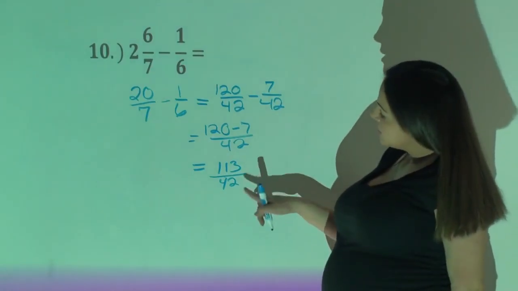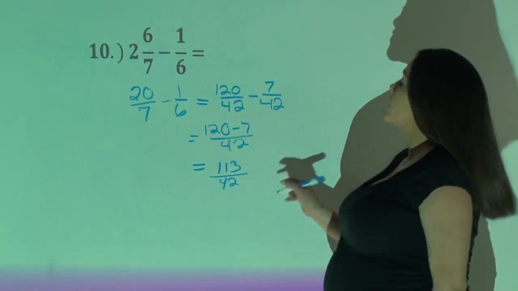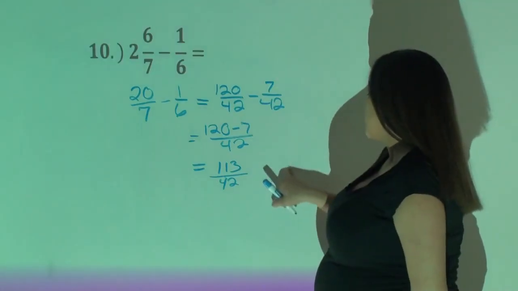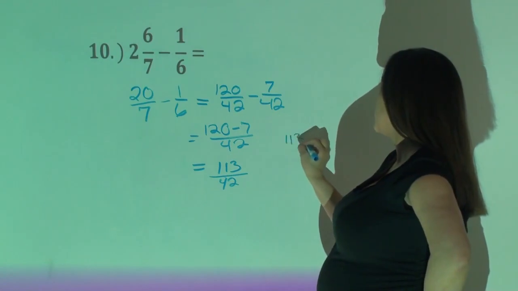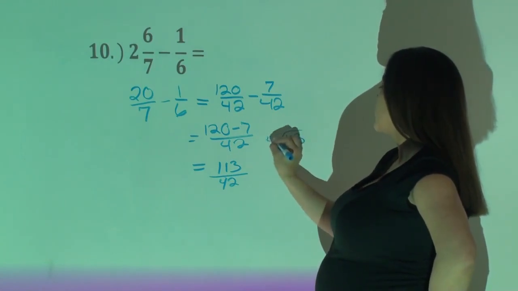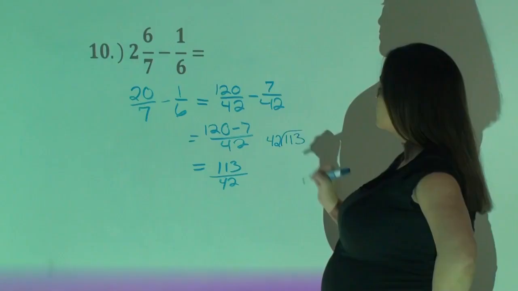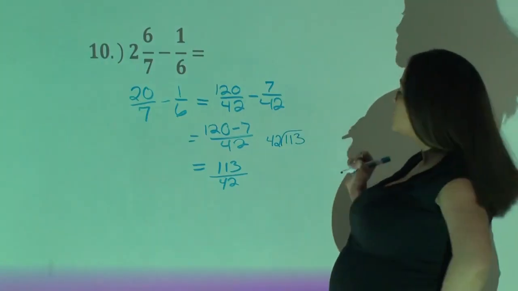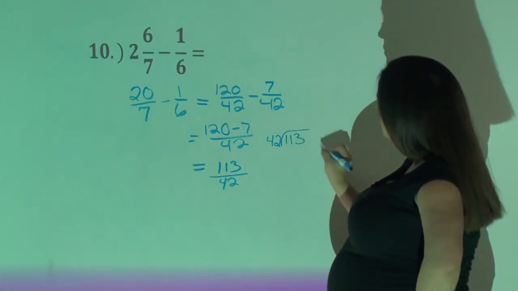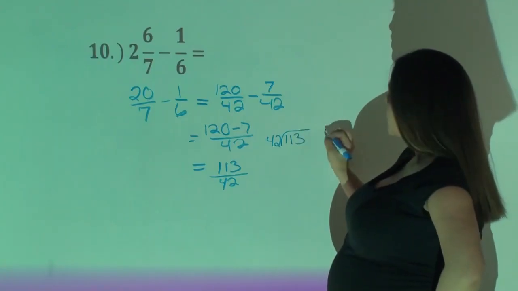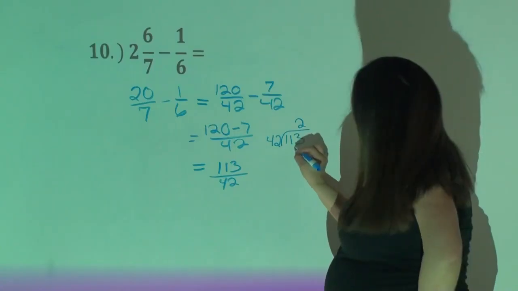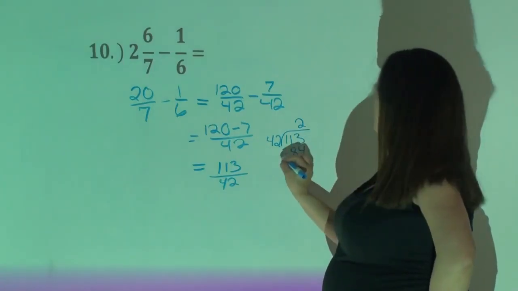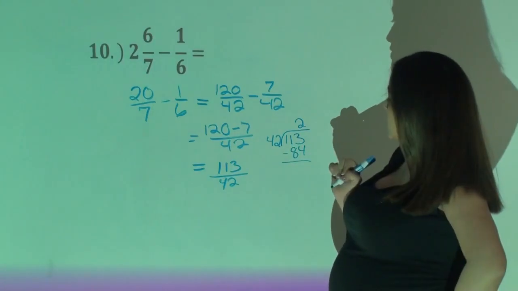So we need to go ahead and do a long division and convert it to a mixed fraction. So we're going to take 113 and we're going to divide by 42. Okay? 113 divided by 42. 42 goes into 113 2 times. 2 times 42 is going to be 84. All right? We're going to subtract.